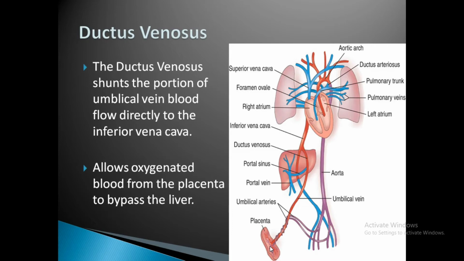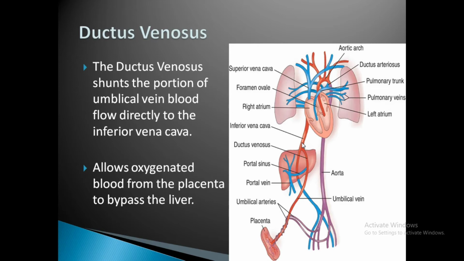One portion passes into the ductus venosus and then travels into the inferior vena cava. Once inside the ductus venosus, this oxygenated blood bypasses the liver; it won't enter the liver. But the remaining half of the blood from the umbilical vein enters the liver. How that happens, we'll discuss later on.